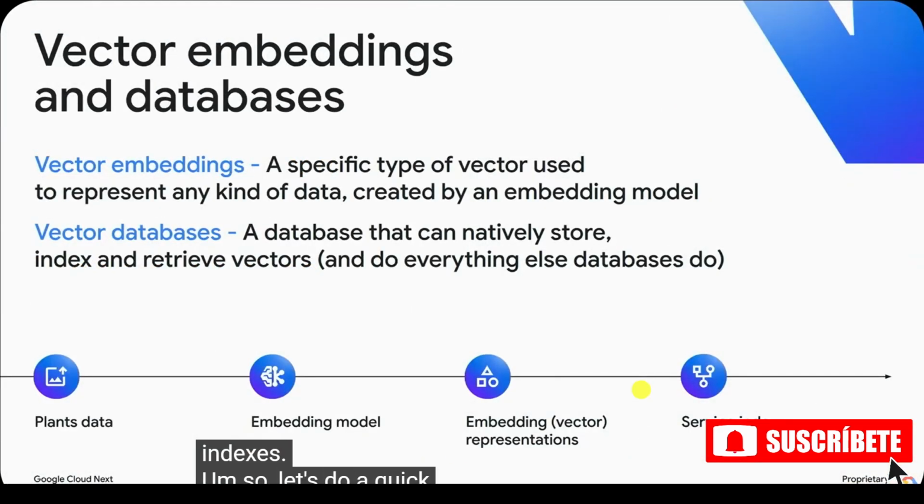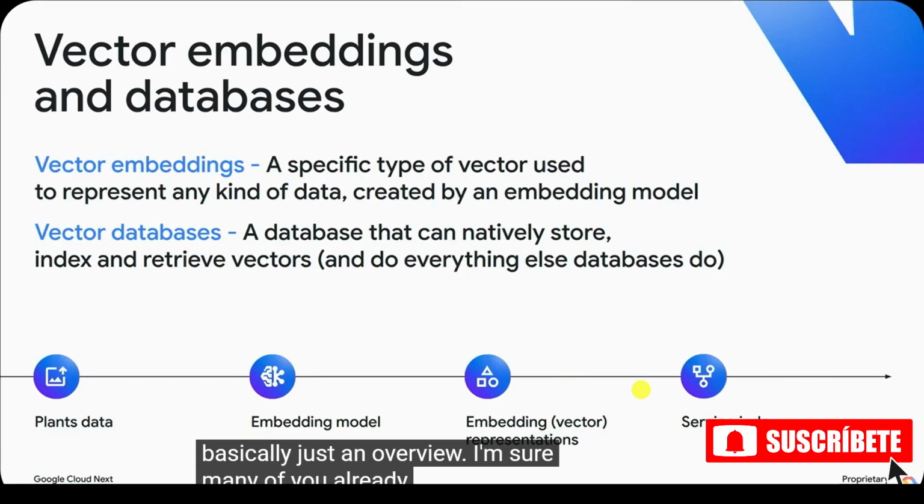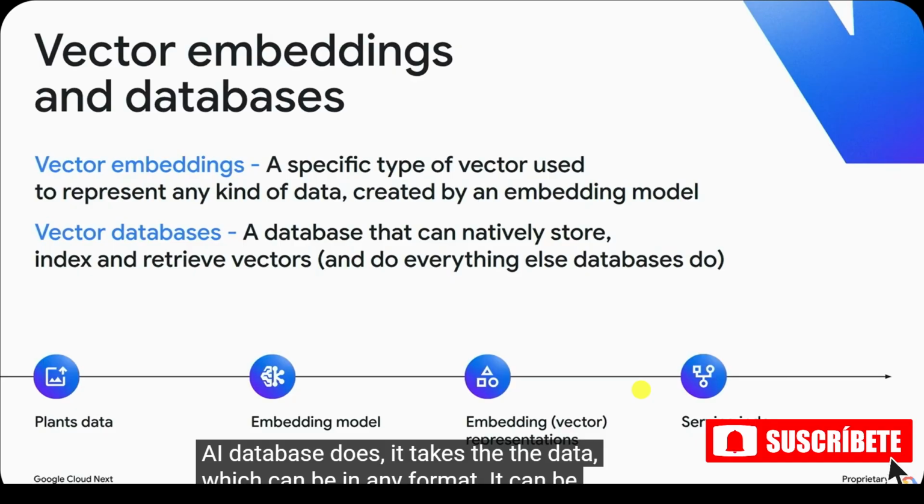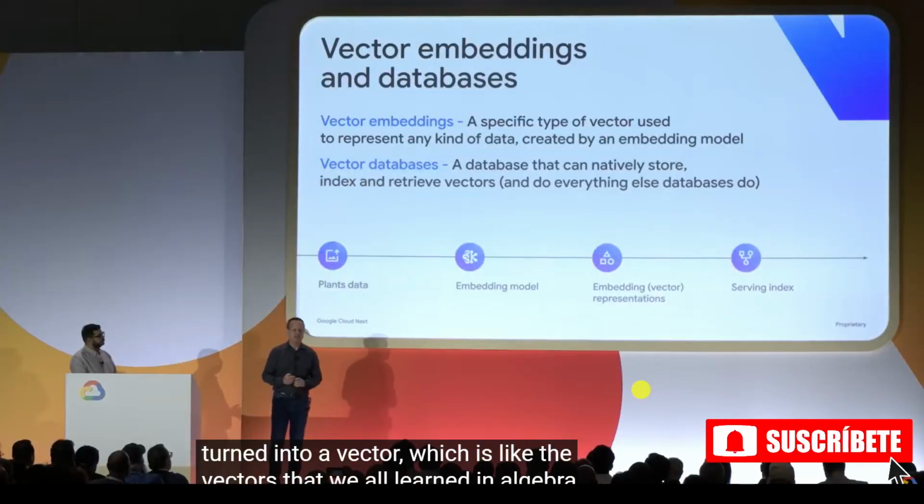So let's do a quick overview. I'm sure many of you already know this, but what every AI database does is take the data, which can be in any format: text, audio, video, whatever it is. Anything can be turned into a vector, like the vectors we all learned in algebra.